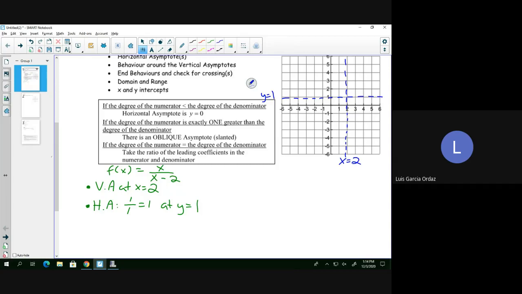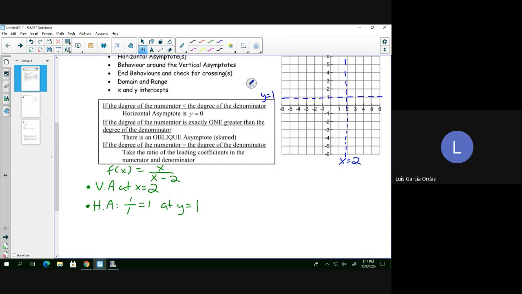So the horizontal asymptote has to do with the degree in the numerator and the denominator. So if the degrees are the same, so in this case, x is in the numerator and x is in the denominator, so the degree is 1. If the degrees are the same, you just take the ratio. So all you're doing is dividing the coefficient in front of the x in the numerator by the coefficient before the x in the denominator.